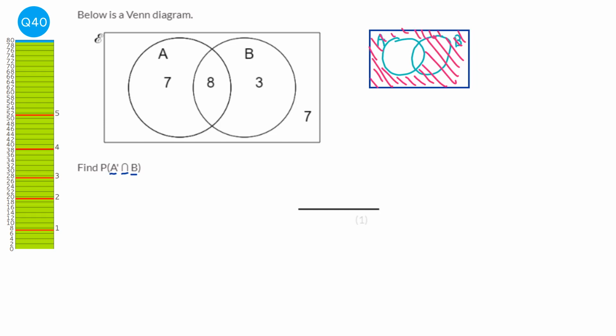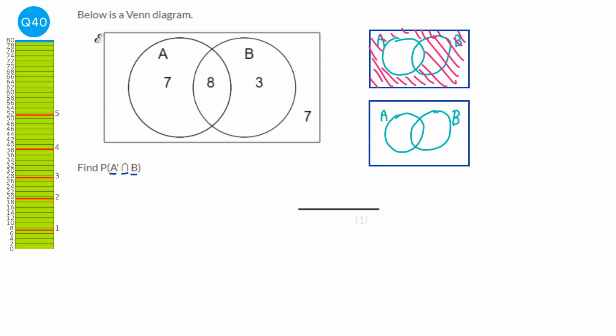And if we do the same thing again, and this time we're interested in where B is, so we've got A and B, then B is this part here.